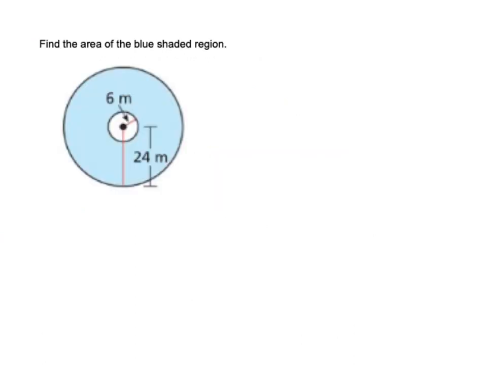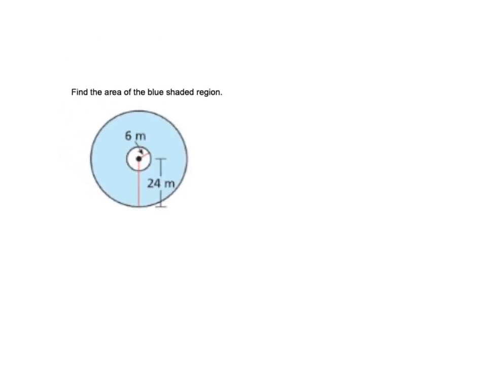All right, last thing here is, looks like a toilet paper roll, a bullseye, whatever you happen to think, but we only want to find the area of the shaded part. Which means basically we are going to take the area of the whole big circle and we're going to subtract out that middle piece.